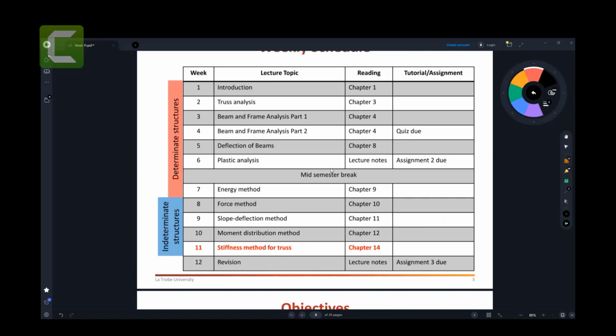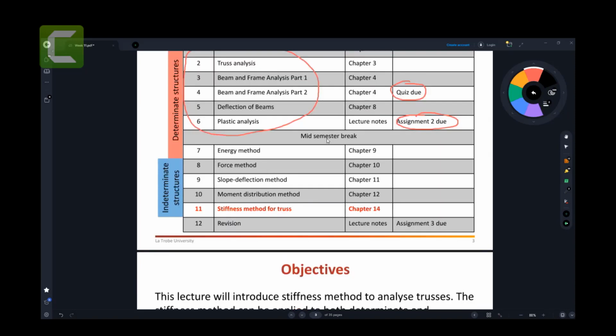Now, as you know, for 6 weeks it was about determinate structures, and we have successfully finished those. Based on that, we have submitted the assignment, and our quiz also finished. After the semester break, we started the energy methods.